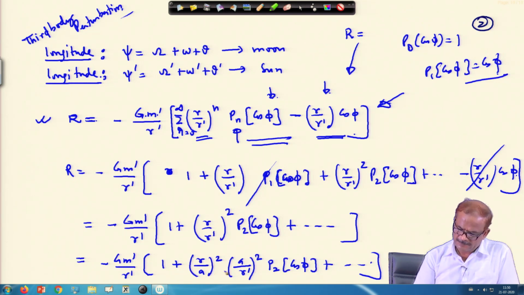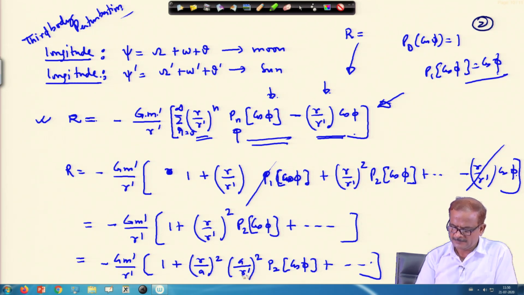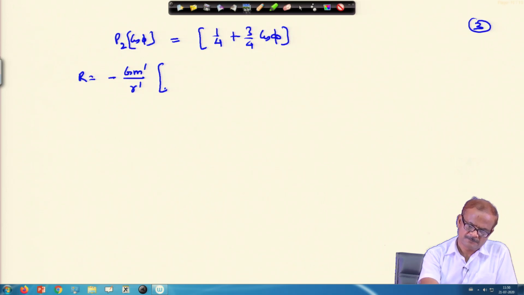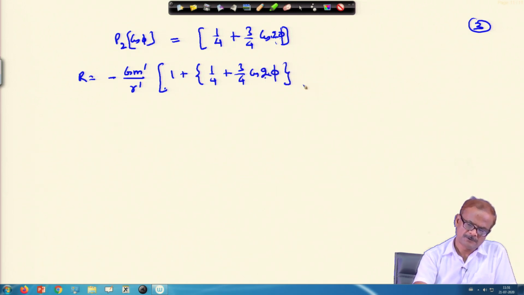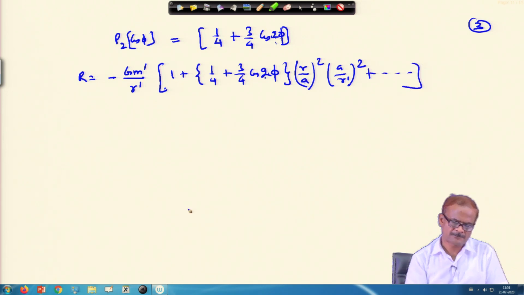See here, once we are writing in this format, I have done nothing wrong. A we have taken in the numerator and denominator and separated out in these two terms. R by r prime we have changed to r by a, and plus higher order terms.